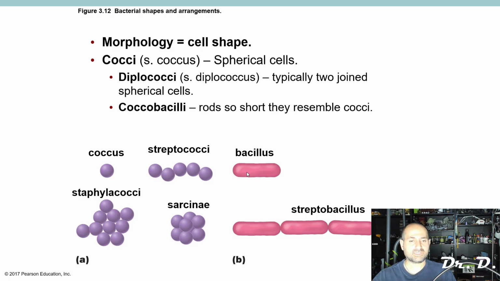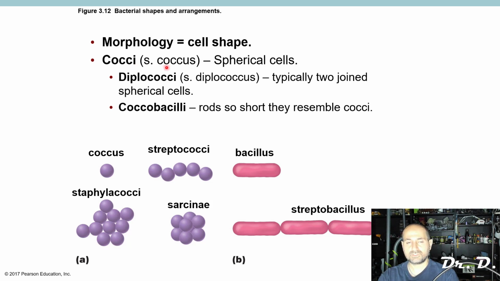So, if I were to ask you, what's the shape of this bacteria, you would say coccus. Coccus is the singular, cocci is the plural.